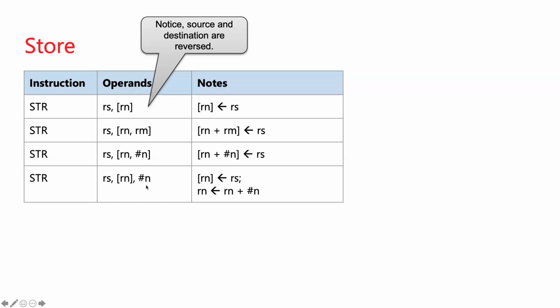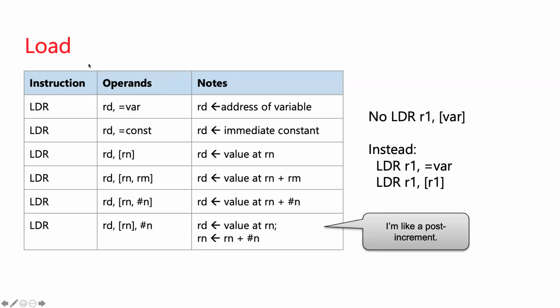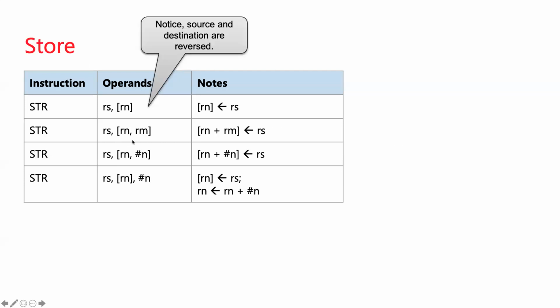So another kind of post increment or decrement mode. Notice that the operands are backward here, at least compared to Intel, and compared to the loads. Loads, you can think of as going from the second operand to the first one, whereas here the destination is the second one. So go from this register to this memory location.